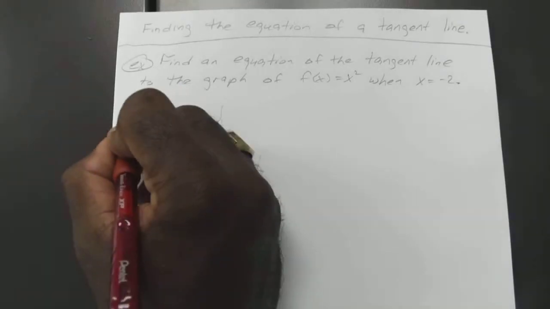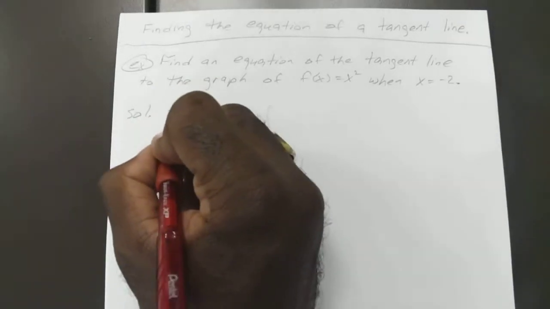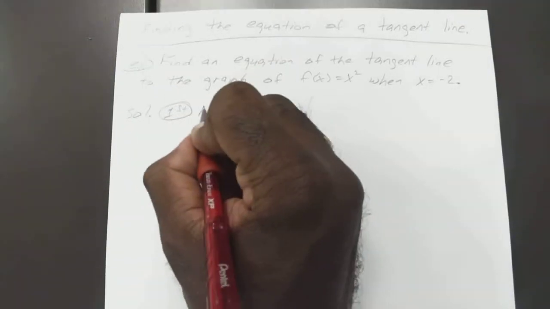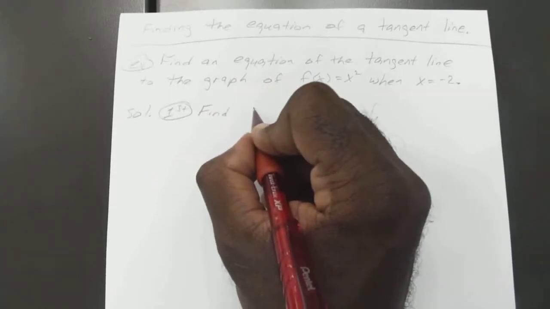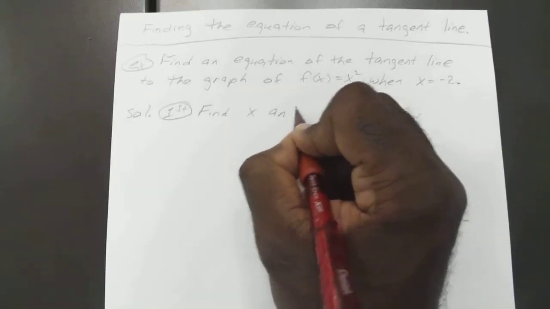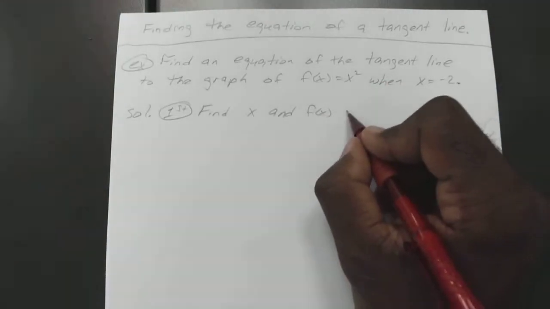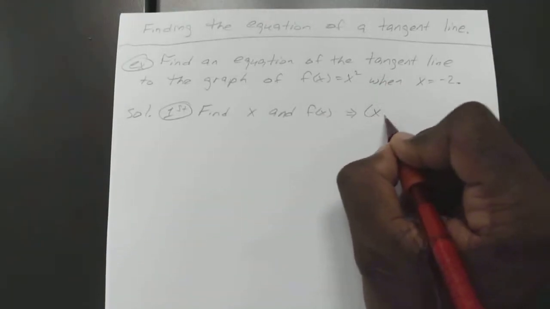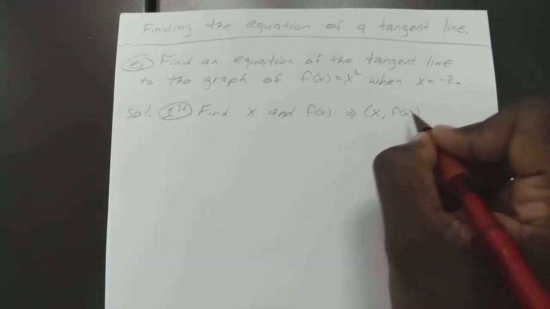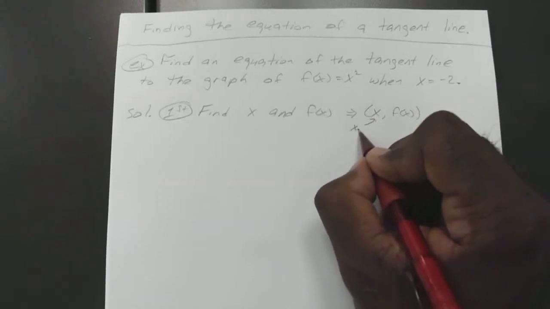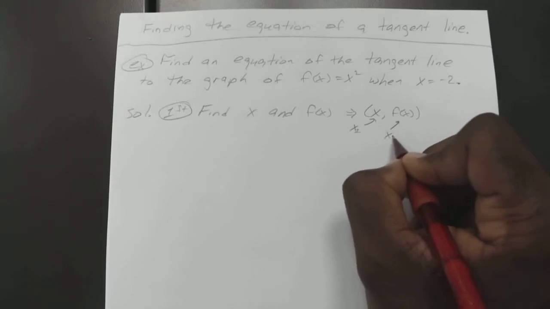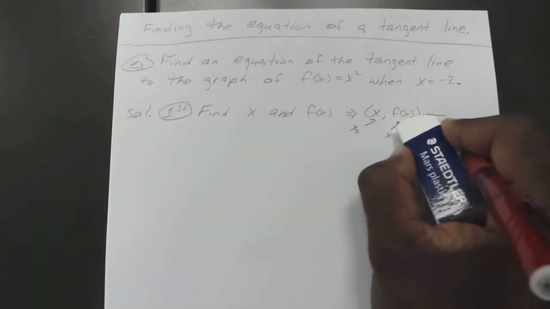Okay, so the first thing you're going to do is find your x and f of x, which is going to end up being your x1 and your y1. Sorry about that.